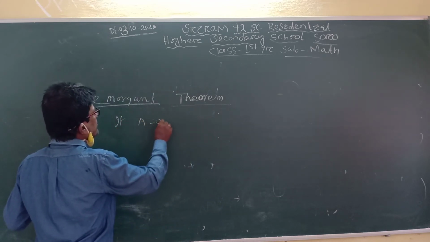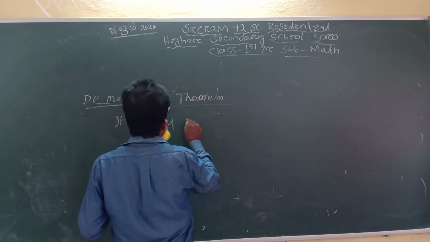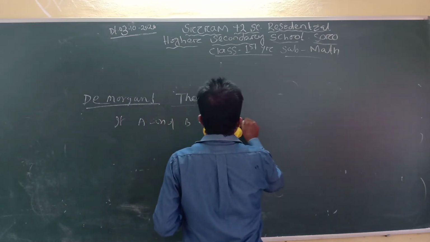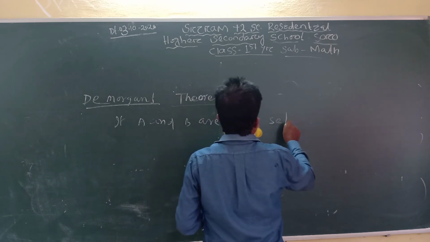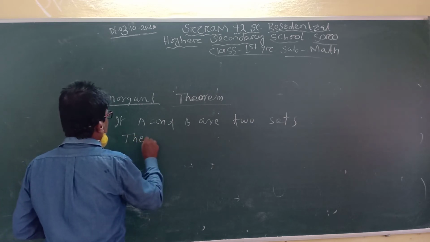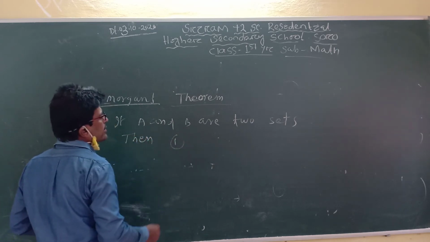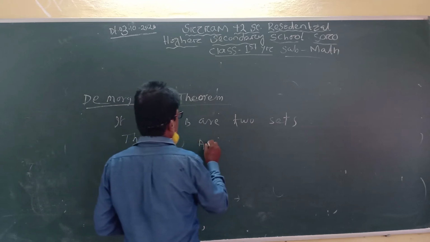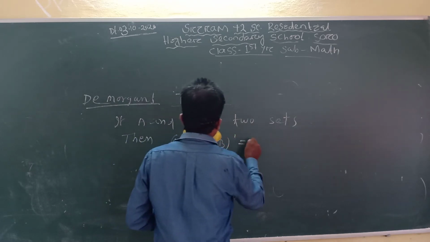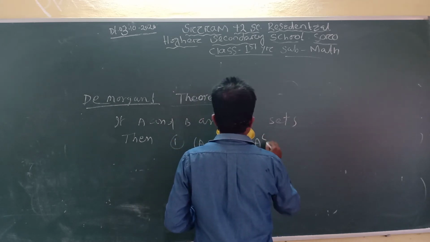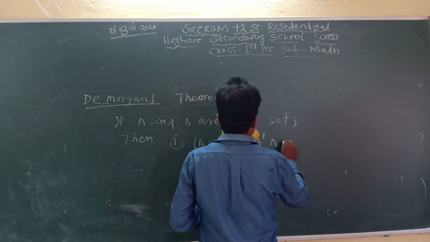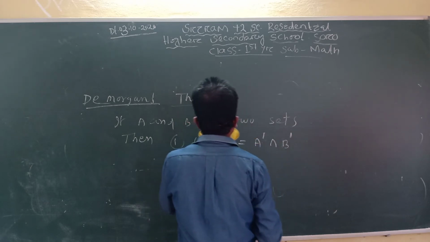If A and B are two sets, then (A union B) complement is equal to A complement intersection B complement.